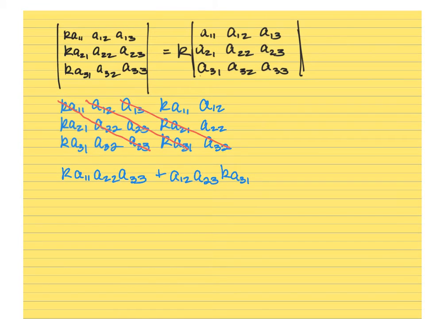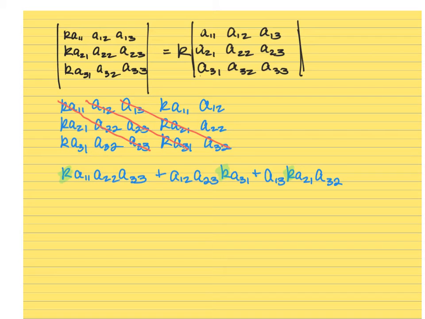And then multiply down this diagonal, which gives me A sub 1,3, k times A sub 2,1, times A sub 3,2. Okay, now notice that there is a k in each of those terms. So I could factor that k out. I just want you to imagine, I don't want to write them out, that you pull that k out and you're left with this plus this plus this, right?